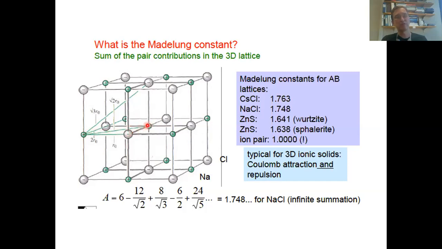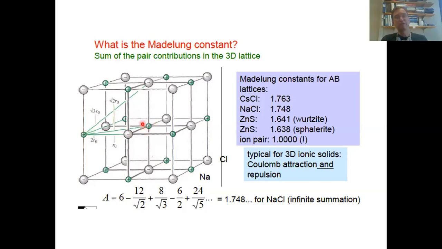We can calculate this very easily. So therefore, we have to divide 12 by the square root of 2. We have to place a minus sign here because the interactions between ions of the same charge are negative, okay?